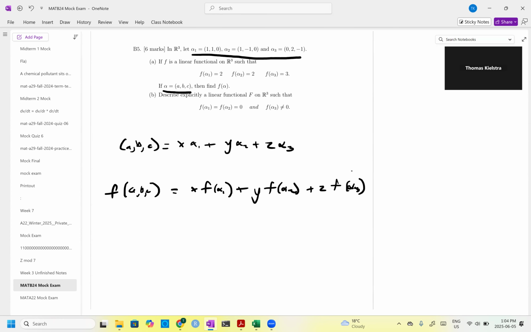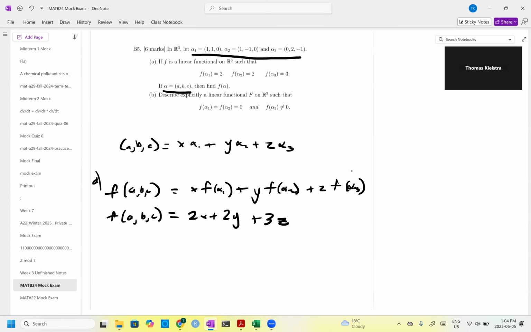And from here, because we know what f alpha 1 is, f alpha 2 is, and f alpha 3 is, we can solve for what the output is going to be. So f of a, b, c is going to equal 2x plus 2y plus 3z.